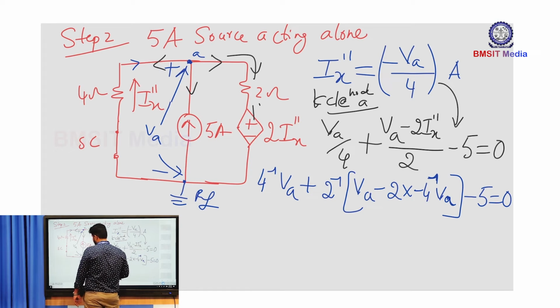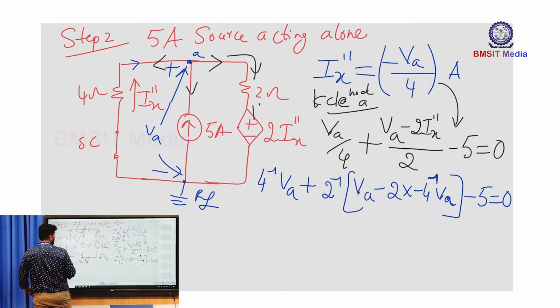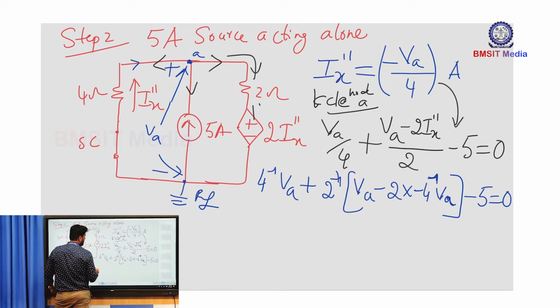So simplify this equation for unknown VA.